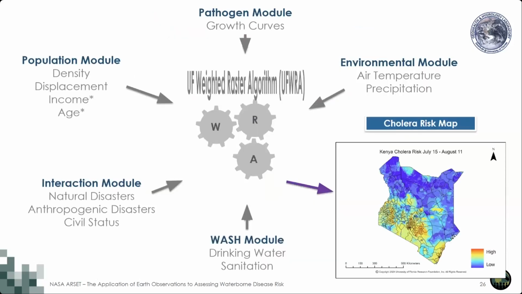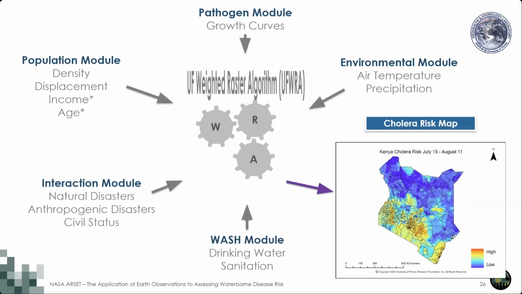So this is an overview of the actual model that we have, which we have named the UF weighted raster algorithm. What it does is it incorporates all of these different factors, both socioeconomic and environmental, to output a risk map that shows which areas are at low risk to high risk in a certain country or a certain region, depending on what we want to look at.